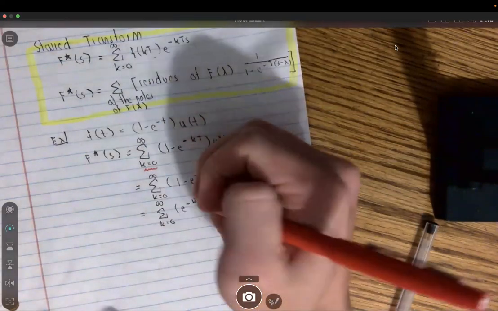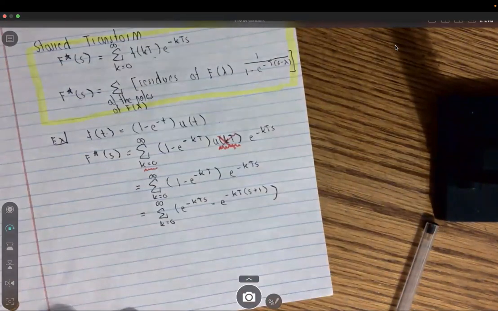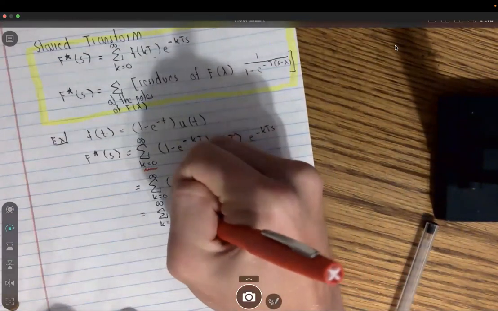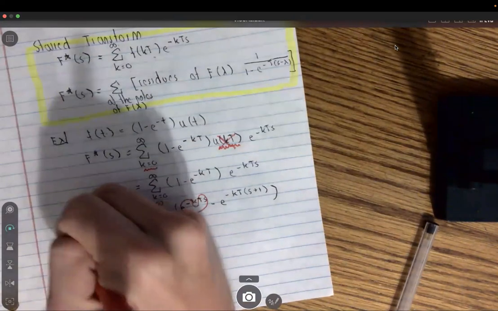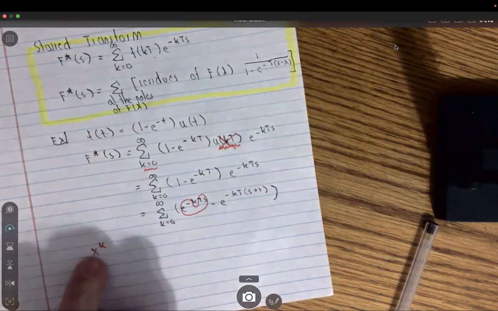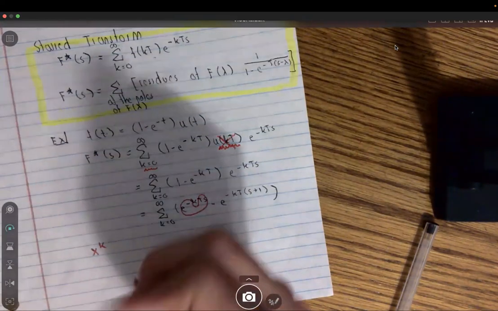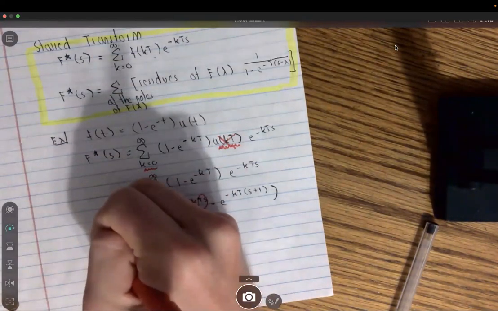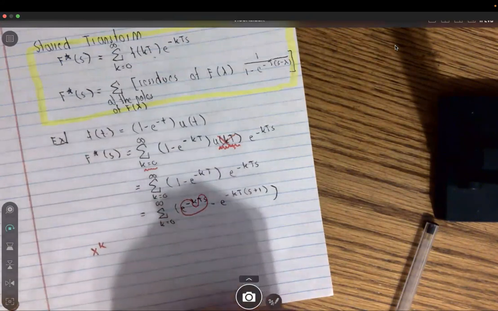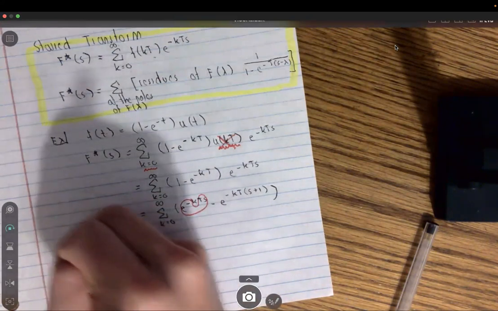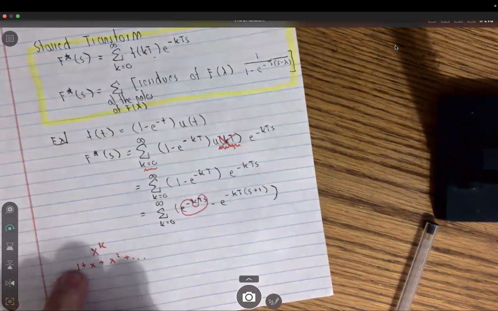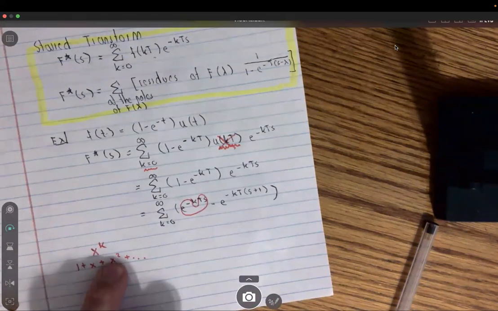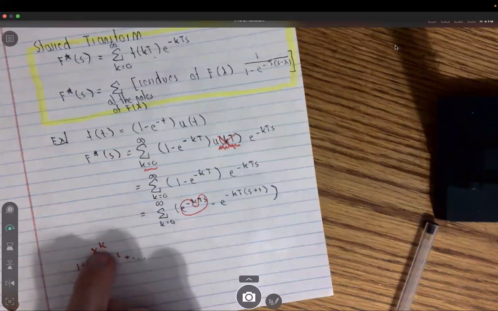So couldn't you agree with me that this looks like x to the power of k, where x is constant, because k is the one changing? Remember the summation 1 plus x plus x squared plus dot dot dot, because this is x to the 0, x to the 1, x to the second, starting off at x to the 0.